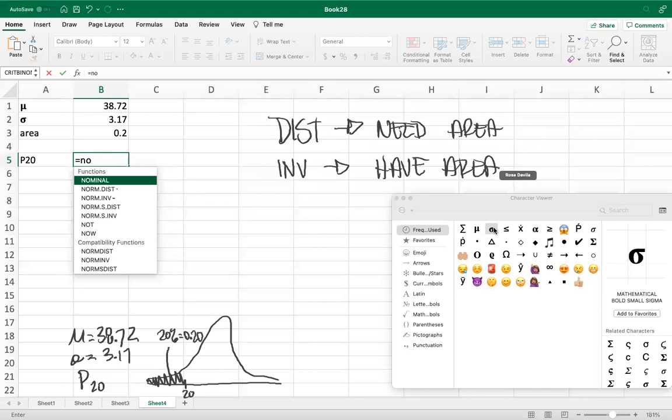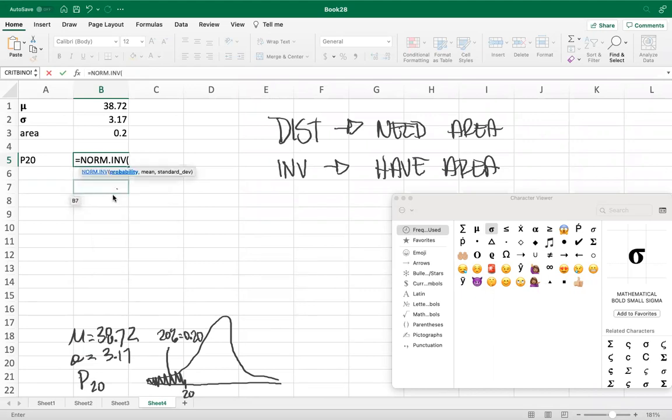So now for this, they're asking us for the 20th percentile. We drew our beautiful picture and we have an area. So this black shaded region is our area. And what we're looking for is an associated z-score. So this time we have the area that we need the z-score for, and we could just go from there. So here they're asking for probability, and probability does represent the area.